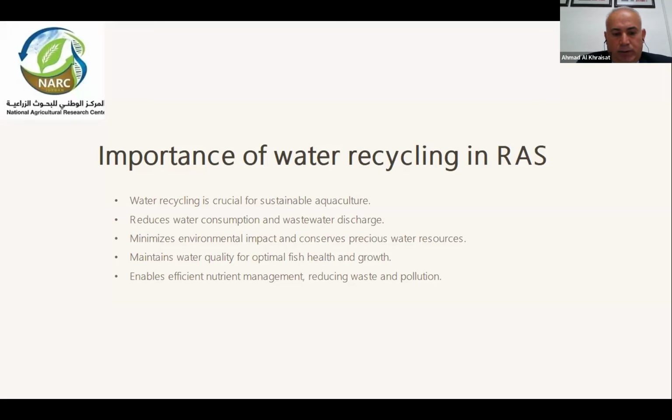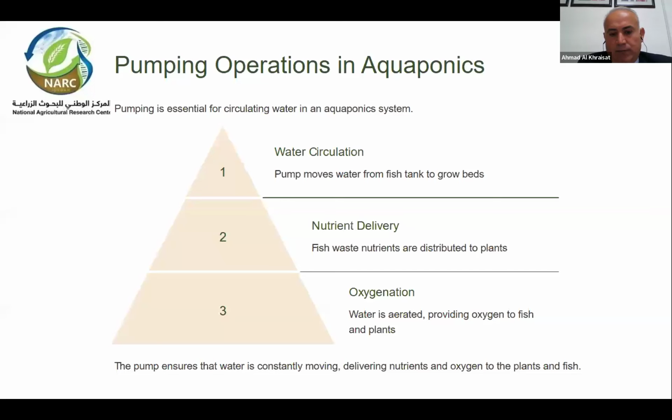We can continue, because now I will go to what you want to ask about: the maintenance of the water quality for optimal fish conditions, and the water circulation. The pump is the mechanism. The pump will move the water from the fish tank to the grow bed, where nutrients from the fish water are delivered and distributed to the plants.